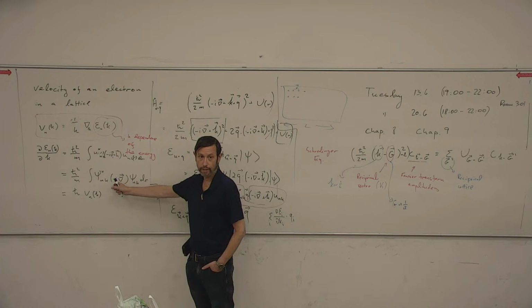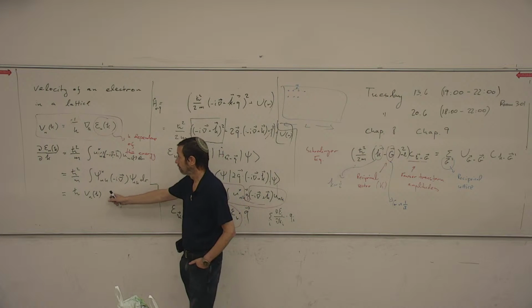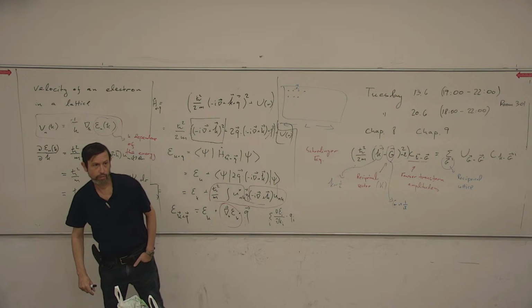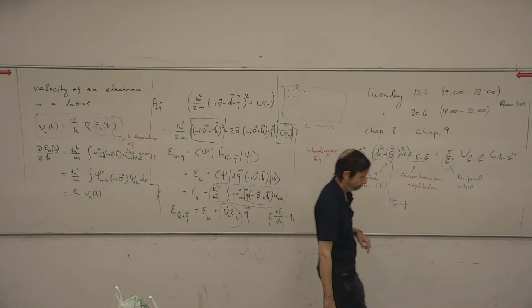That, up to an h bar, is the definition of v n, a proof of what we have written here.